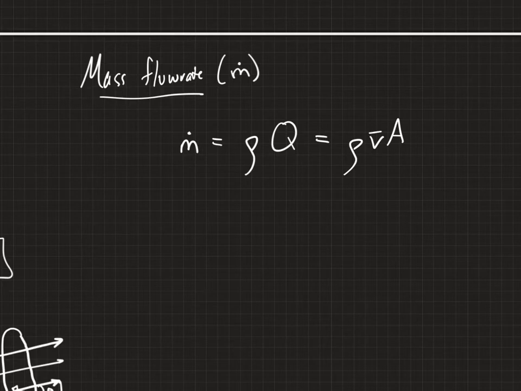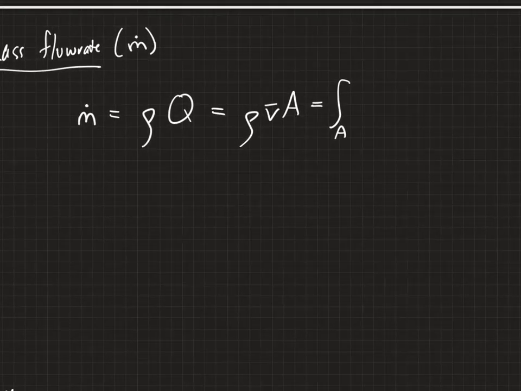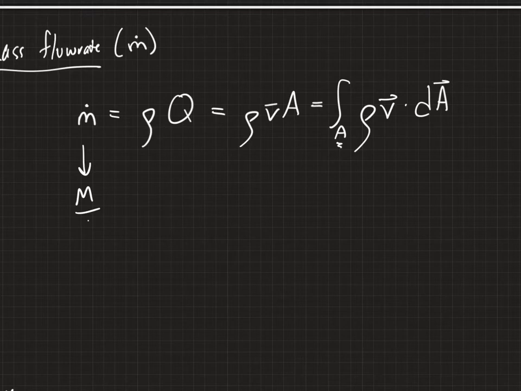And more specifically and more typically, if you have to integrate, or more generally, I guess, if you have to integrate, it's rho v dot dA, and you're integrating over that area. Note that this has units of mass per time.